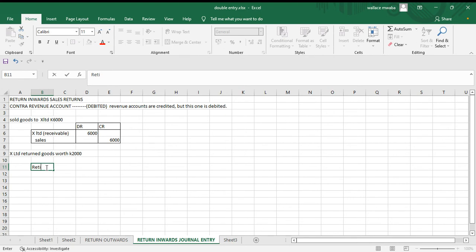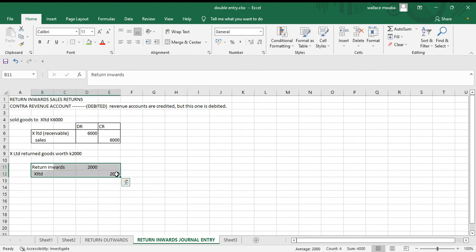So we debit return inwards 2,000. Then we credit our receivable, because this is a reduction in our asset. X Limited, we credit them 2,000. So that's the journal entry.